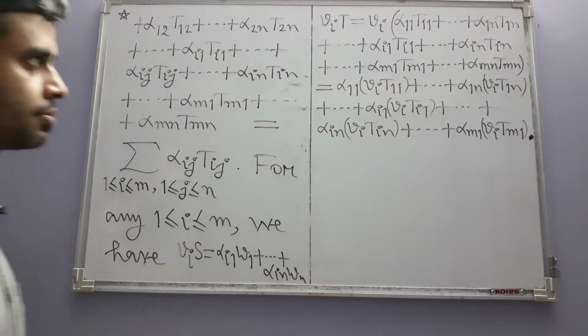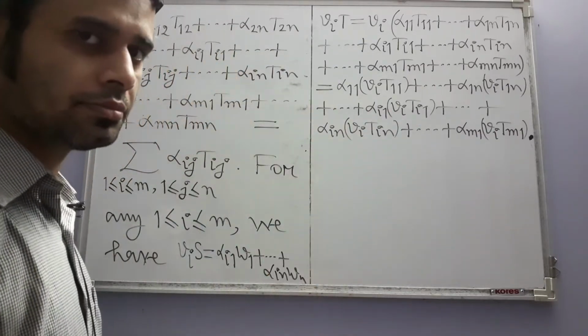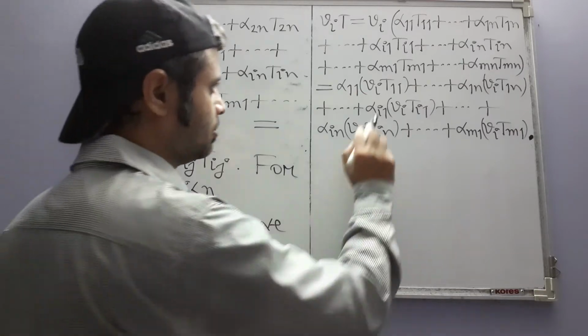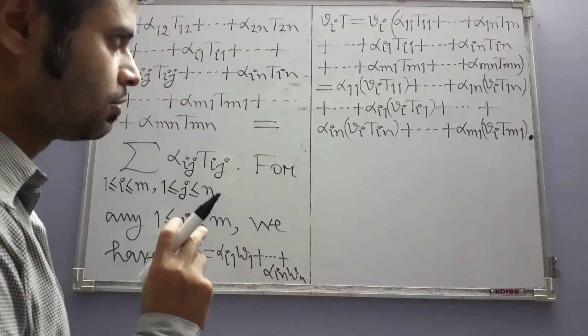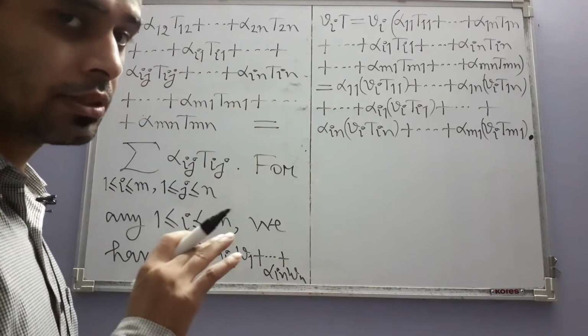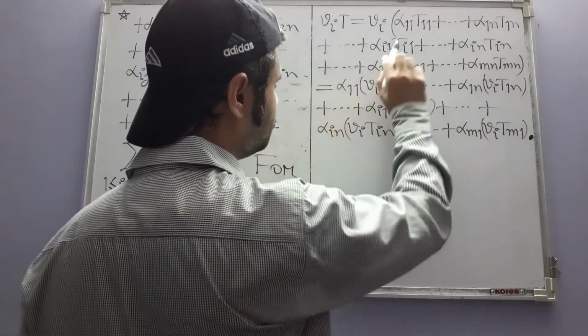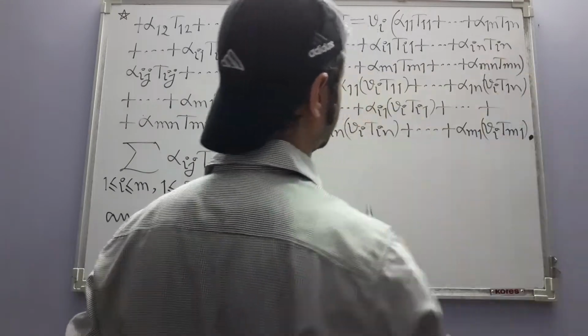Okay. What did we do in this step, by the way? We have not used the fact that these Tij's are homomorphisms or linear transformations here in this step. All we did here is we applied the definition of this expression.